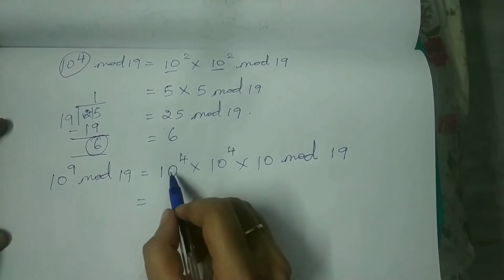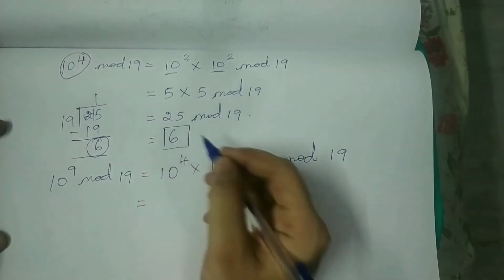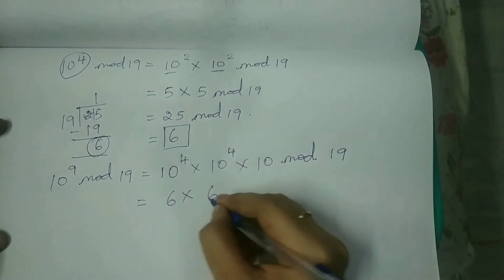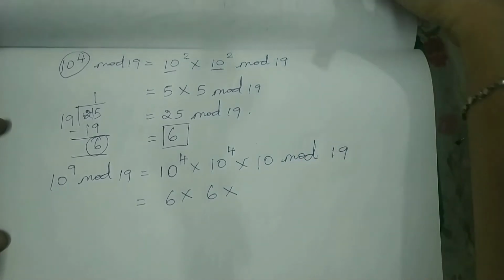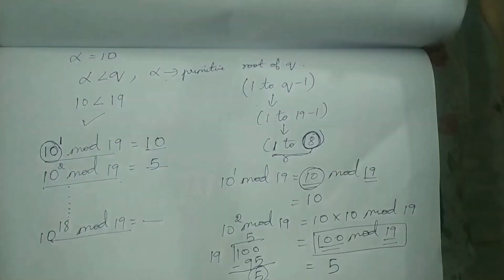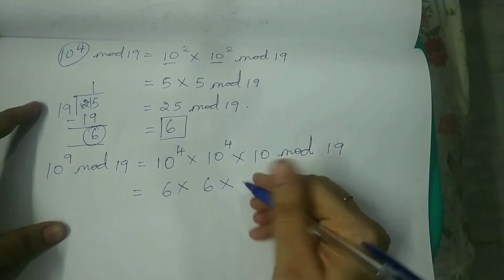So the value for 10 to the power 4 mod 19, we found it over here, that is 6. So 6 into again 10 to the power 4 mod 19, it is 6 into 10 mod 19. The answer for 10 mod 19 is 10. So I should write 10 over here.